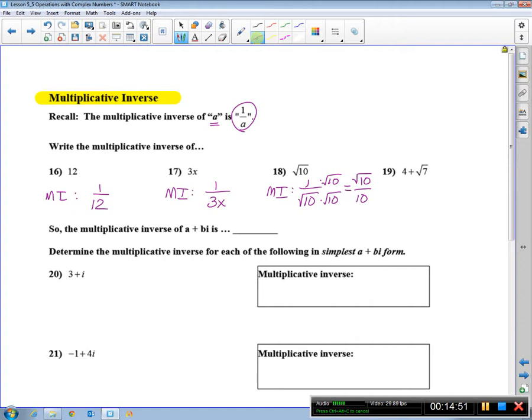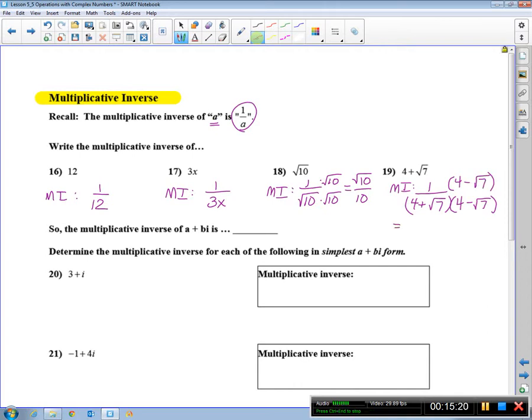And for 19, the multiplicative inverse of 4 plus radical 7 is 1 over 4 plus radical 7. Another radical in the denominator, another problem to rationalize. What are we going to use here? You probably said it. 4 minus the square root of 7.